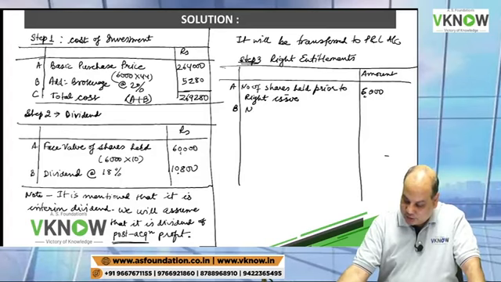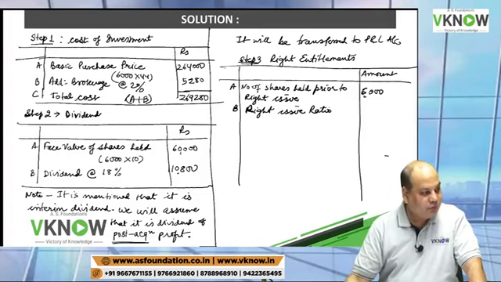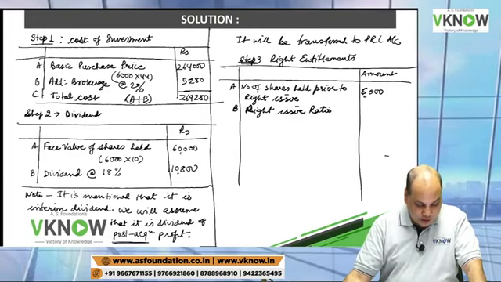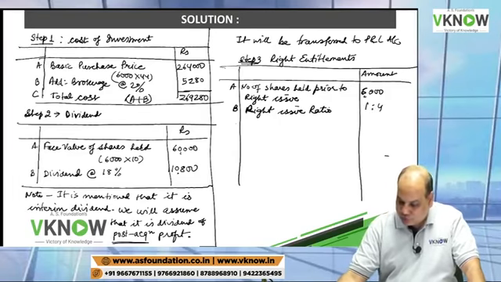Then you write down right issue ratio. What is the right issue ratio? Paragraph last, 15th March: one share for every four equity shares held, 1:4.